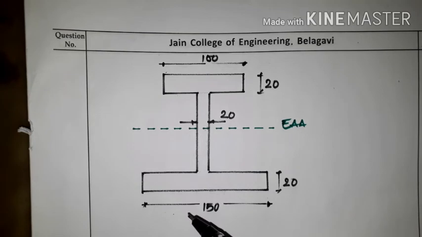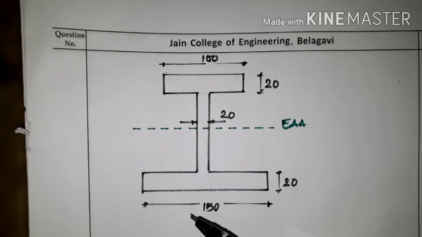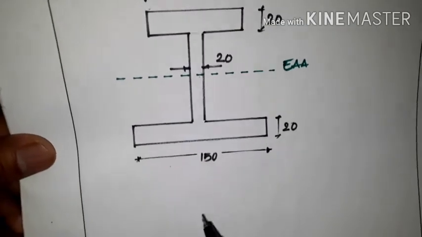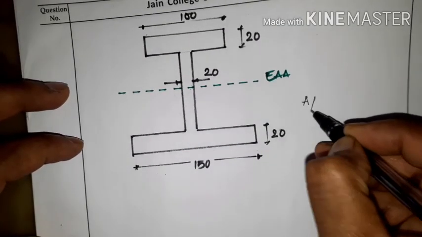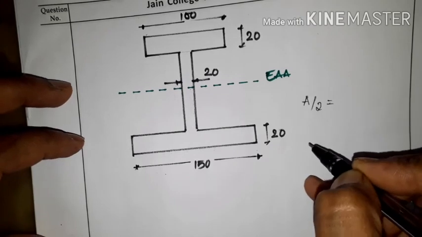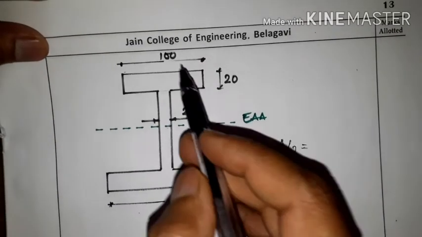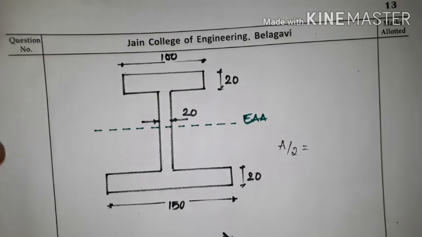Understood? So what I did here is, A by 2 should be equal to, I have considered the top part.